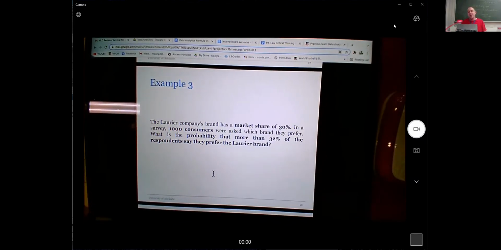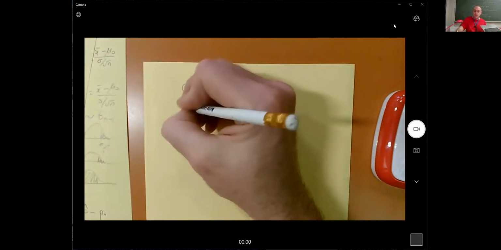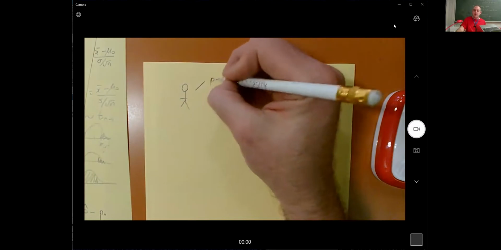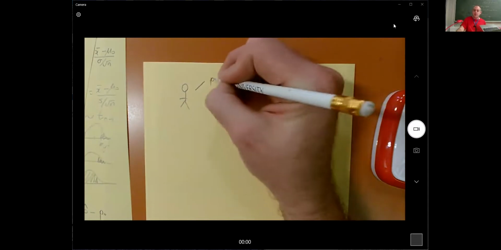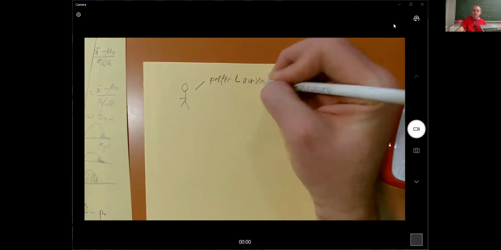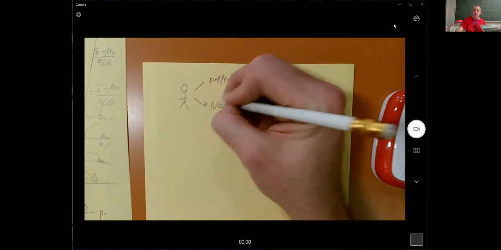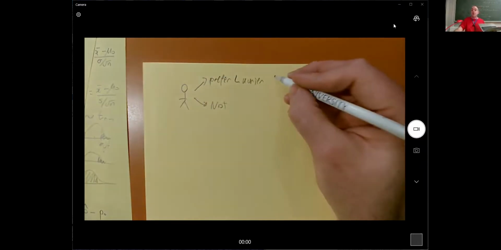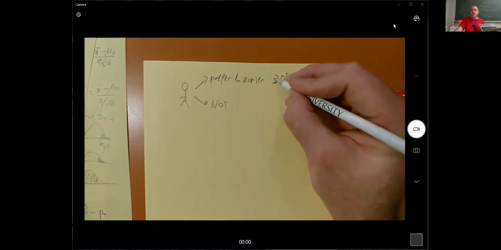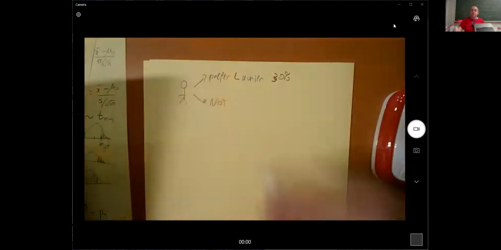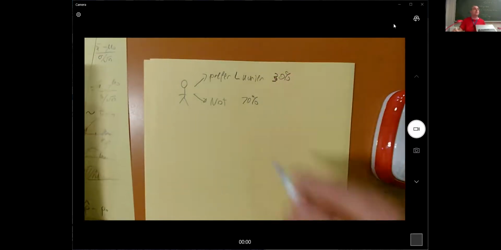So if I take an individual person, they will either prefer Laurier or they won't. Yep. And they've told us that 30% of customers prefer Laurier. That's the market share, which means that 70% don't.